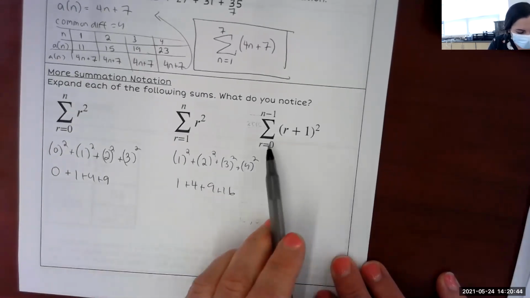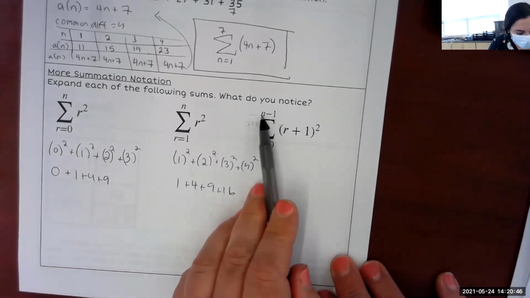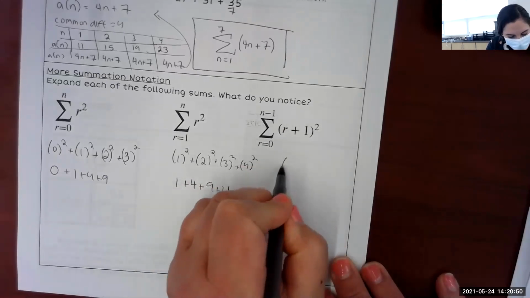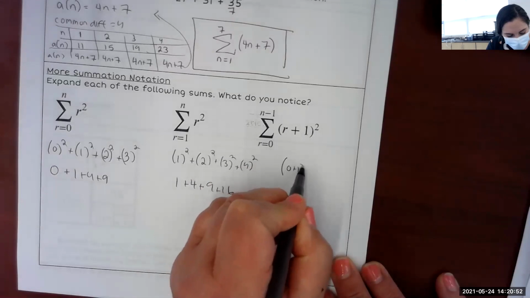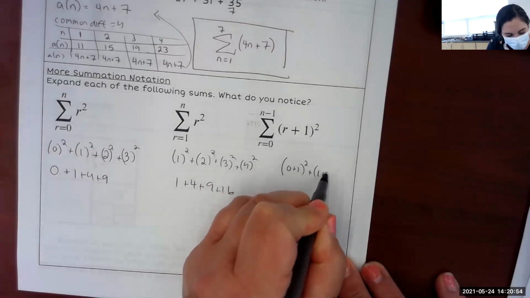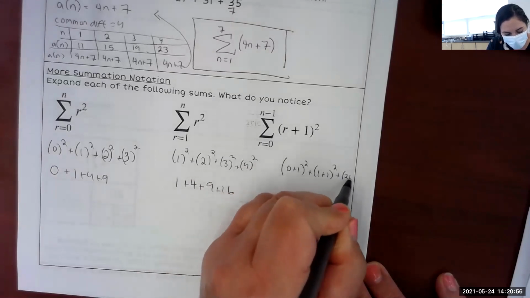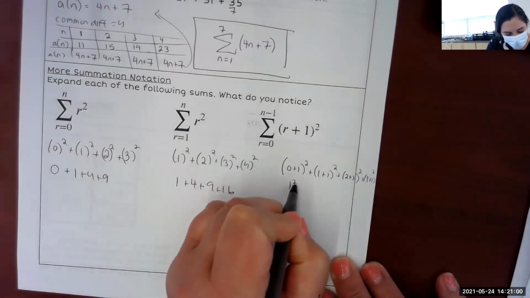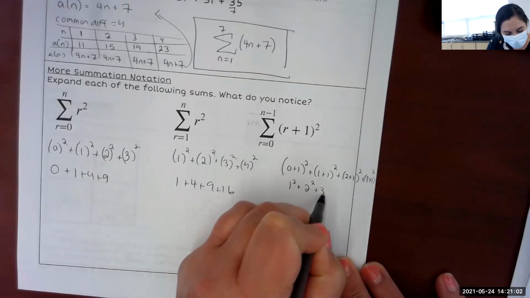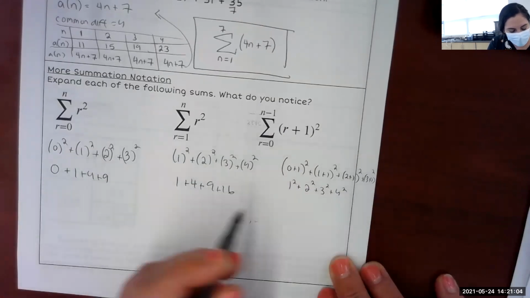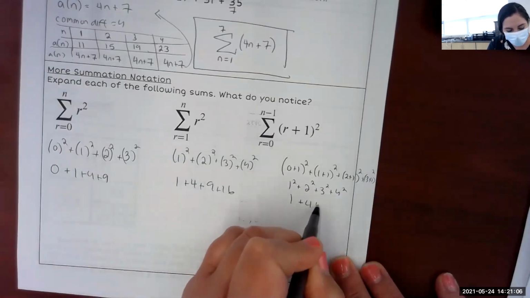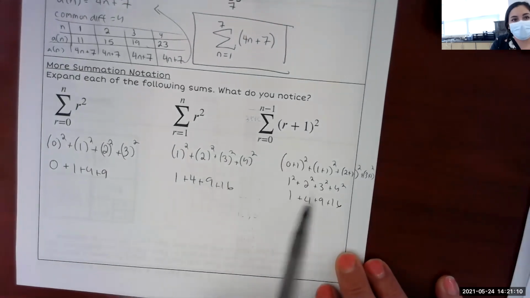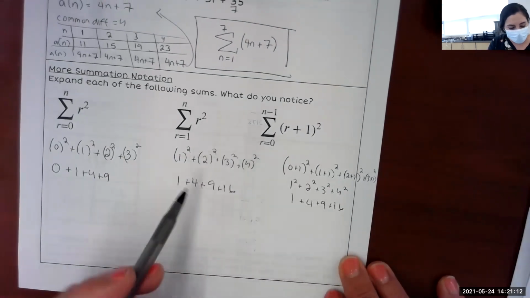Or going from 0 to n minus 1 of r plus 1 squared. So if we just start with 0, 0 plus 1 squared plus 1 plus 1 squared plus 2 plus 1 squared plus 3 plus 1 squared. That's going to be 1 squared plus 2 squared plus 3 squared plus 4 squared, which is 1 plus 4 plus 9 plus 16. So sometimes there's more than one way to write the same sequence, right?